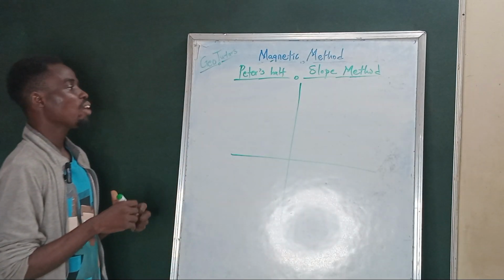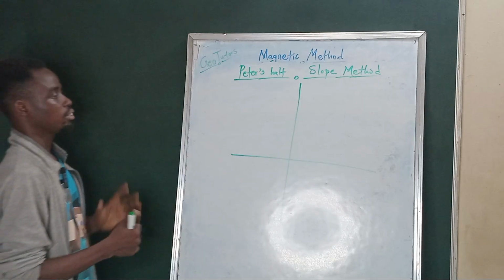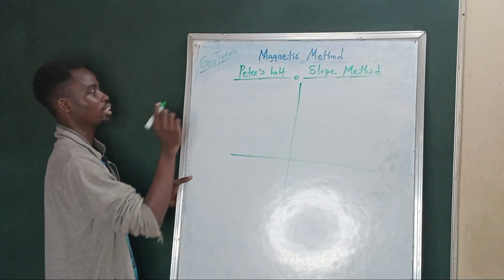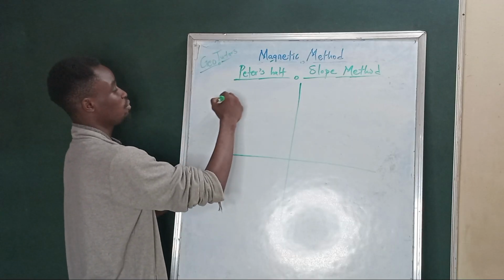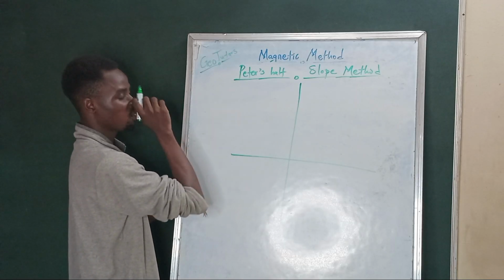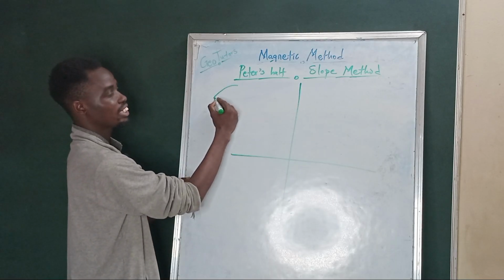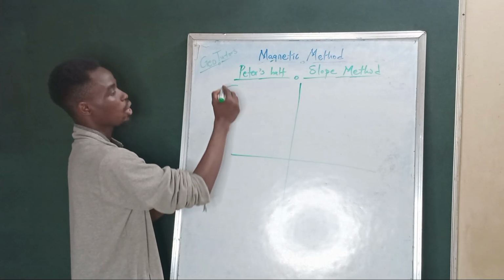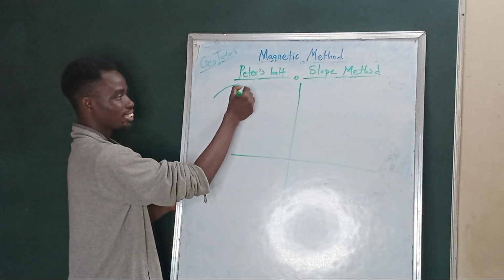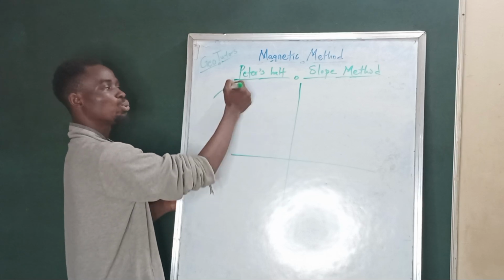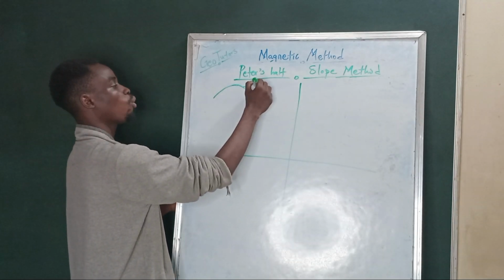Before I even draw, there are some things I need to explain, just some basic calculus. Don't be afraid of calculus. If you draw a graph moving this way, the graph is increasing in this manner. When the graph turns, the point where it turns is known as the point of inflection.